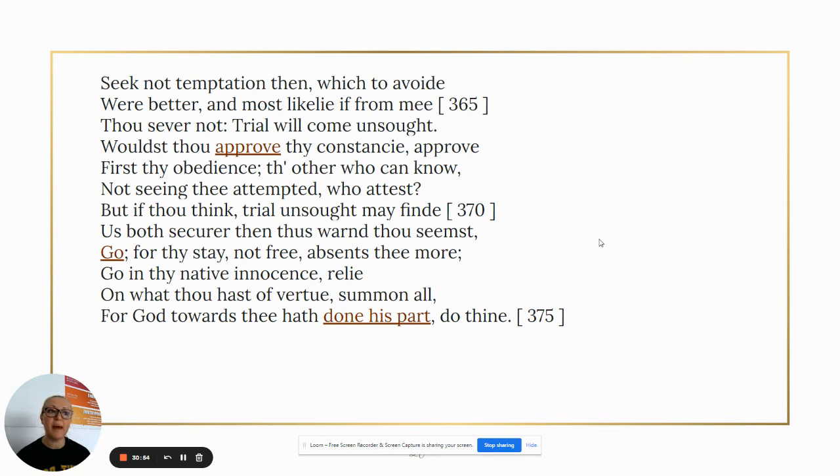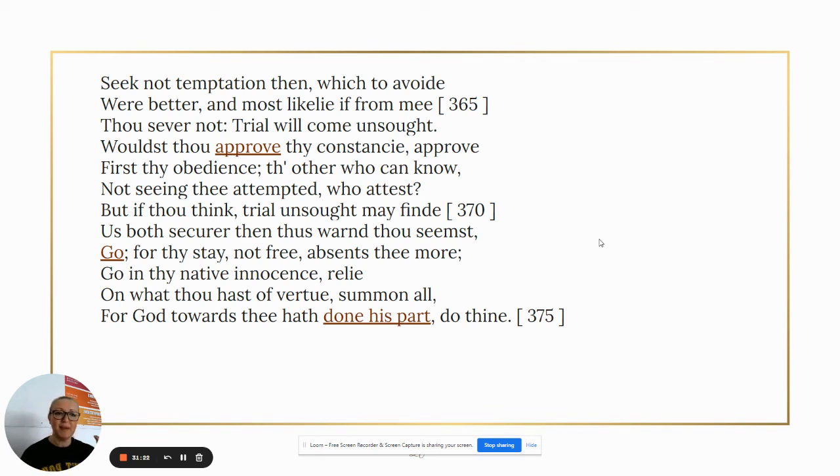"Which to avoid were better, and most likely if from me thou sever not. Trial will come unsought. Wouldst thou approve thy constancy, approve first thy obedience." And underline that, highlight that. This is the problem, that she's disobedient. Okay? But if you think that you can deal with any of these trials, go.